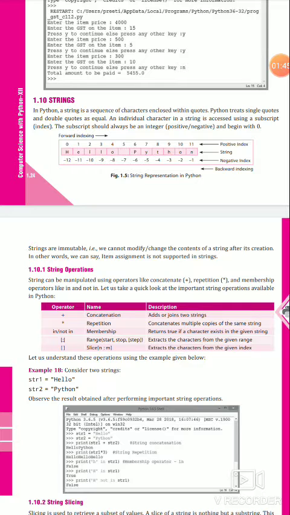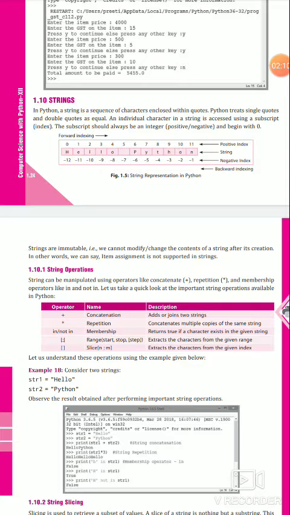String operations given here are concatenation, repetition, and membership operations like in and not in. Let us take a quick look at important string operations available in Python. Plus, multiplication, in and not in, which return true or false according to whether the character is in that string or not.